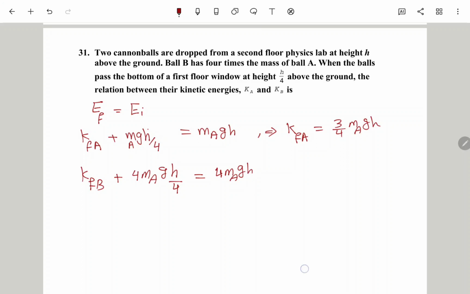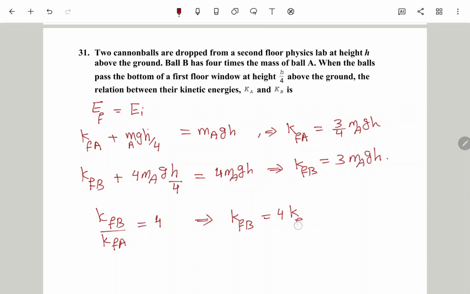Again, no initial kinetic energy here, so K final B is equal to 3 m_A g h. You divide these two equations, you will get K final B divided by K final A equal to 4. In other words, K final B is equal to 4 K final A.